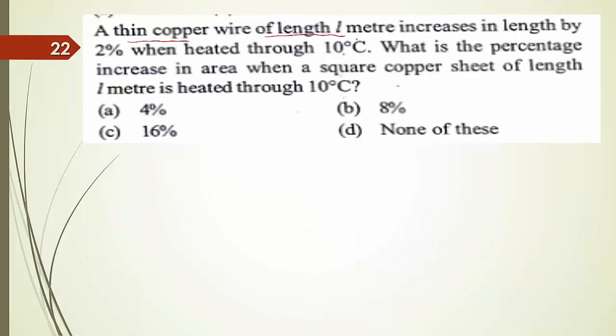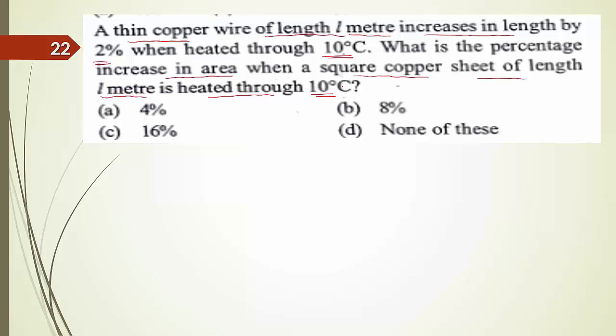A thin copper wire of length L meter increases in length by 2% when heated through 10 degrees Celsius. What is the percentage error in area when a square copper sheet of length L meter is heated through 10 degrees Celsius?